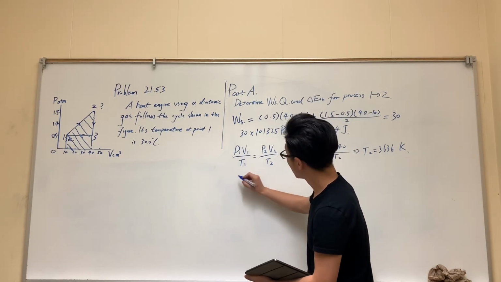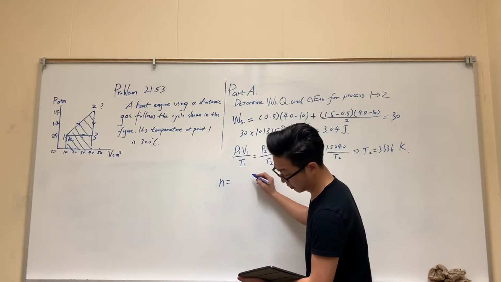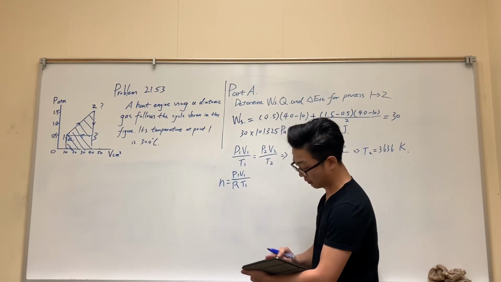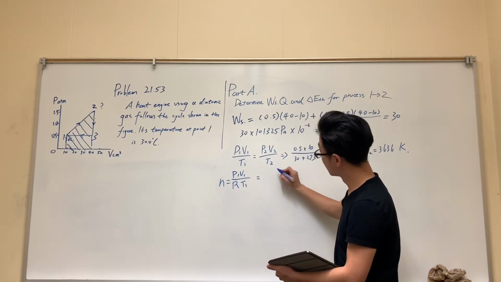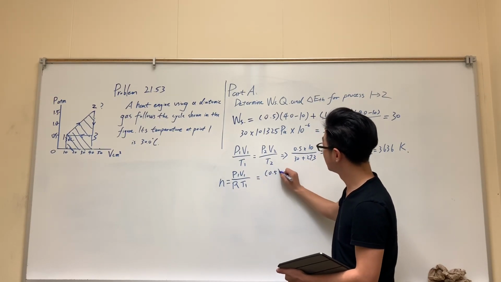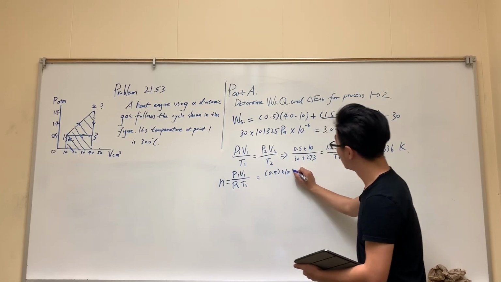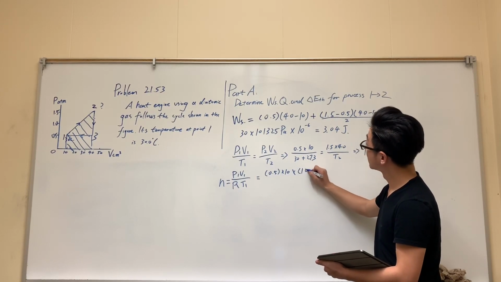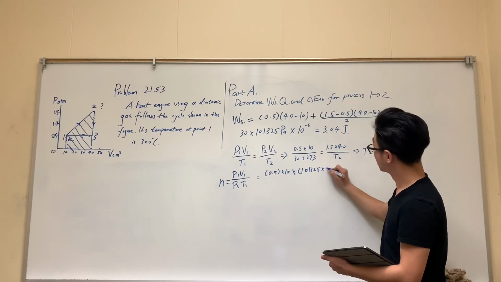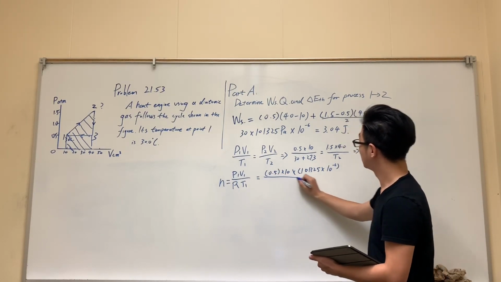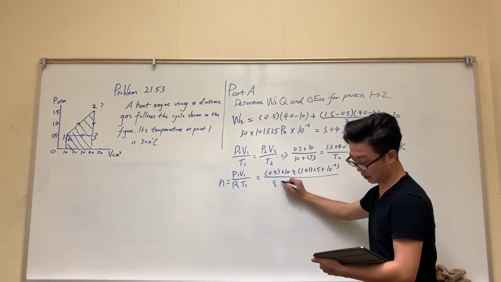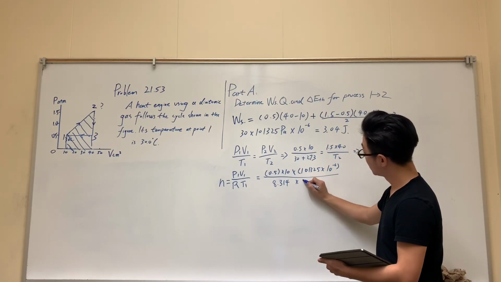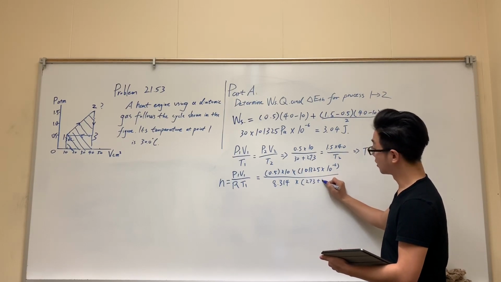Okay, now we already know the temperature at T2, so we need to calculate the total amount of moles. And we know the formula is n equals P1 V1 over R T1, which equals P1 is 0.5 times 10, 10 is the volume, times 101325 times 10 to the negative 6 over R, which is 8.314 times (273 plus 30).